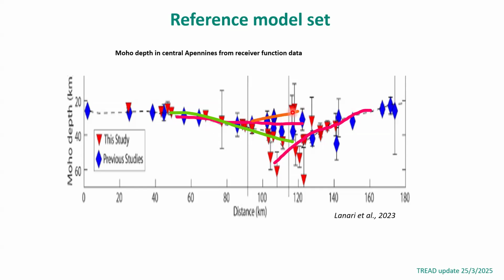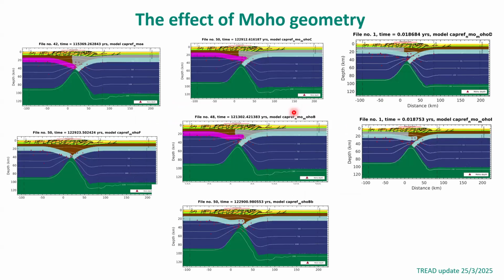The exact depth of the overriding plate is quite important for the viscosity of that layer and therefore for the model results, which I will show later, because the interpretation that you choose can result in a 20-kilometer difference of the depth of the lower crust. So this is actually quite important. I drew some different Moho geometries. This is the one I was using at first.